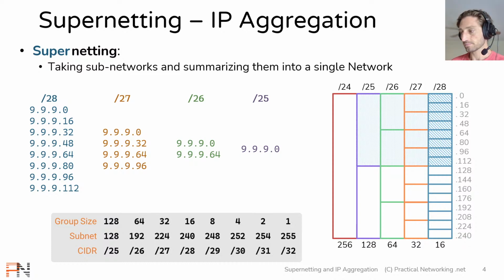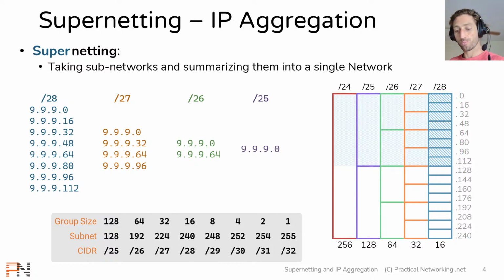Now, I could actually go a step further. I could summarize them into the /24. Technically, if I said 9.9.9.0/24, that includes all of this IP space, which does include the IP addresses I was trying to summarize. But you'll notice I'm also now including a bunch of IP space that I didn't mean to include in the initial subnets.